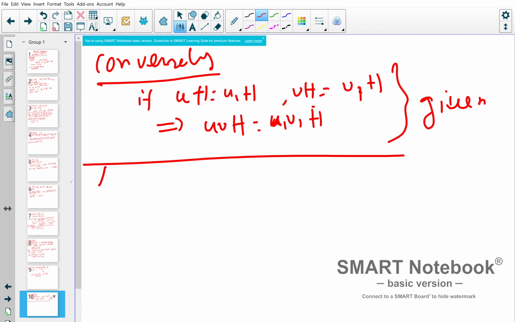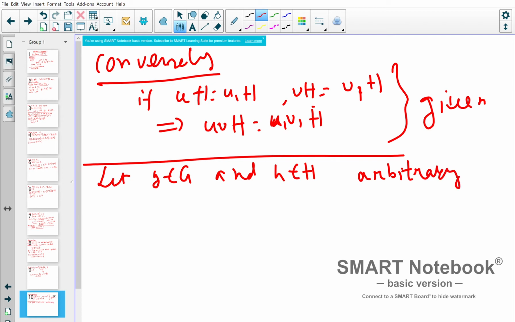So now let G belong to G and H belong to H be arbitrary elements. So you have two arbitrary elements, you choose one from G, one from H. Now I need to prove that GH G inverse belongs to this set. Now how do you choose U and V so that it falls inside the property? So to use this above property, you choose say U equal to 1 and U1 equal to something, say H, right?